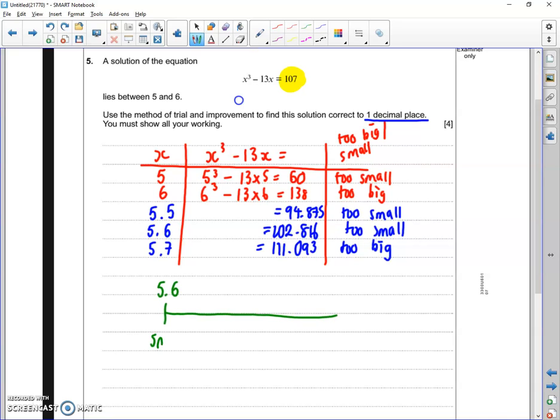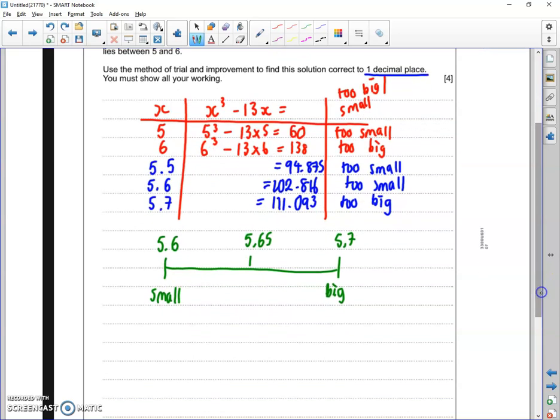So 5.6 was too small, 5.7 was too big. You need to work out and show that you've worked out. So write this down. You need to try 5.65. If you put the numbers into the calculator, 5.65 cubed, take away 13 times 5.65 is 106.912. It goes on a bit, that one.